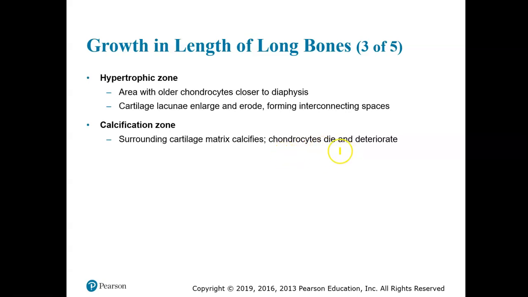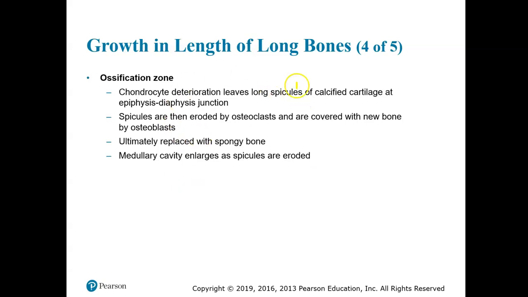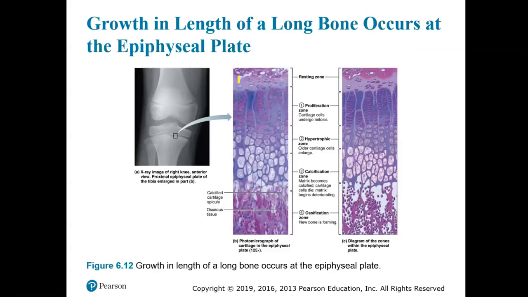The chondrocytes, which are the cartilage cells, are dying and filling with the calcium phosphate matrix. And then the ossification zone is the area where ossification is occurring, and that zone is replaced with spongy bone. And it's the area where the medullary cavity is forming.